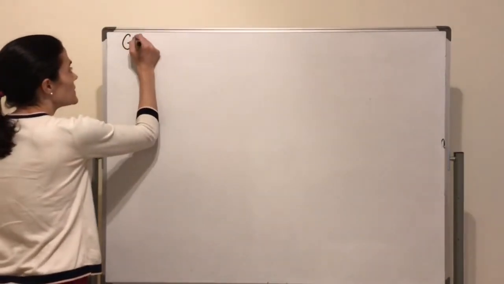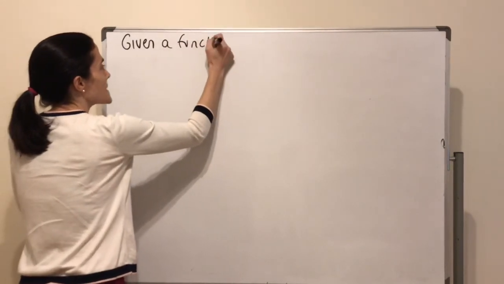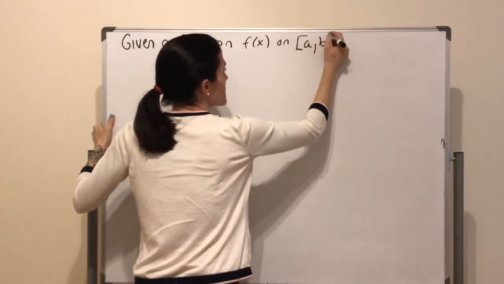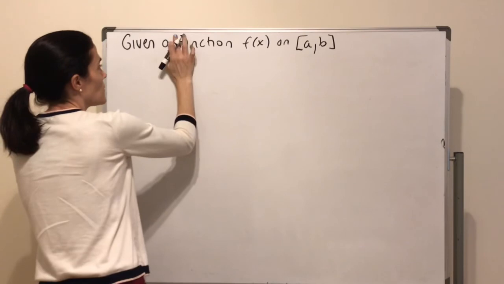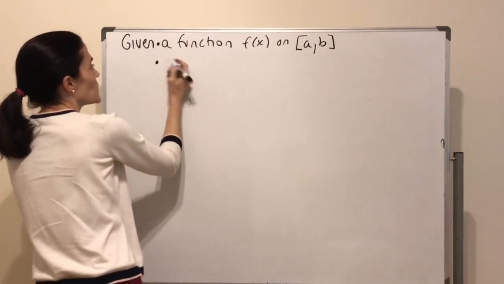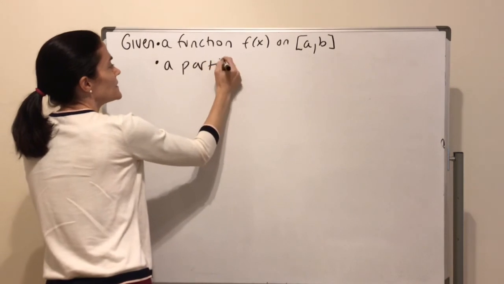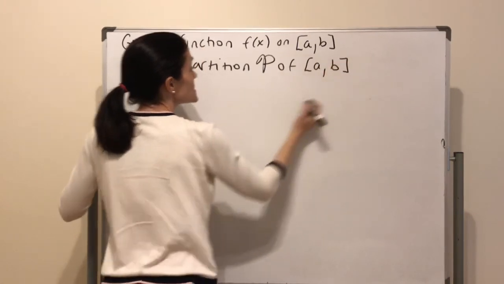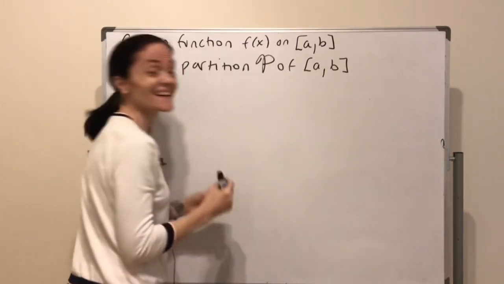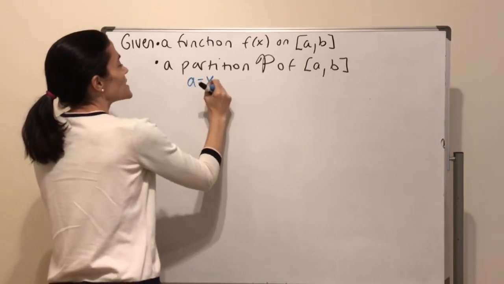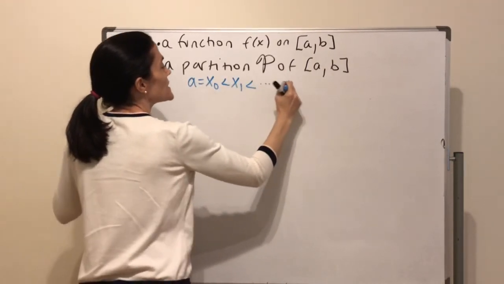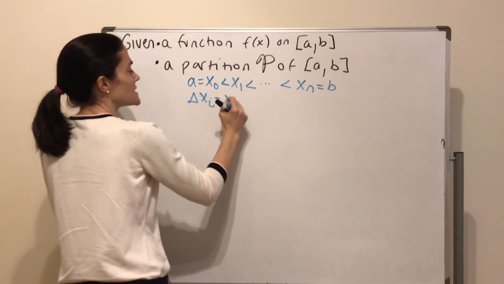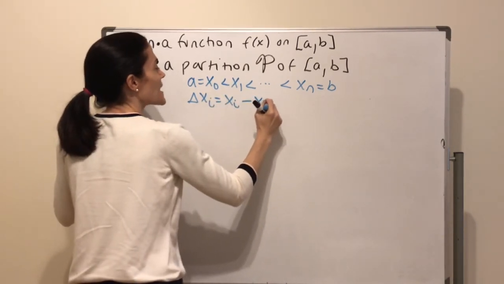So what do we need given a function f of x on a closed interval? So this is one thing we need. Oh, I'll put a bullet here. Then we need a partition P of this interval, and what that means is that we have, from this partition, a is x0 less than x1 less than xn, which is b, and we have this delta xi, which is xi minus xi minus 1.